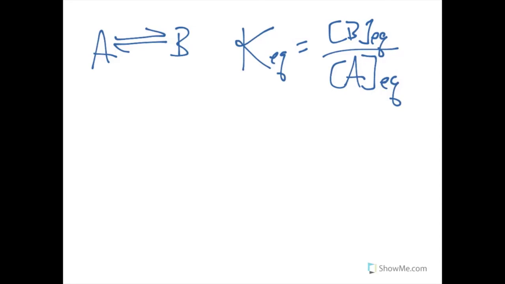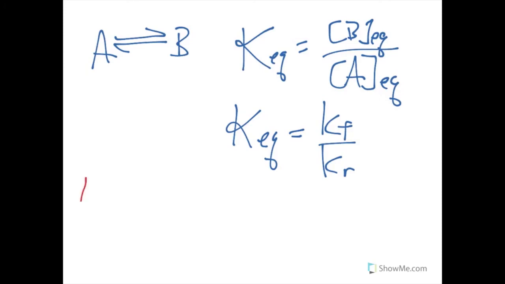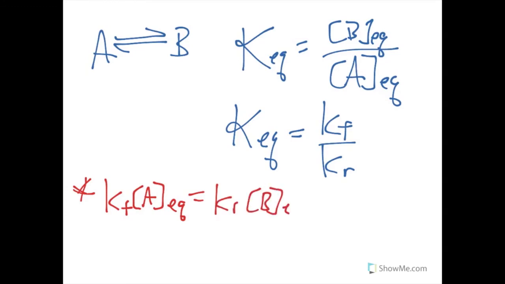So using the expressions that we just had on the previous page, we can easily find that K equilibrium is the forward rate constant divided by the reverse rate constant. Quick note, we also know that at equilibrium the forward rate and the reverse rate have to be equal. That's what equilibrium means. So the forward rate is Kf times AEQ, and the reverse rate is Kr times BEQ.